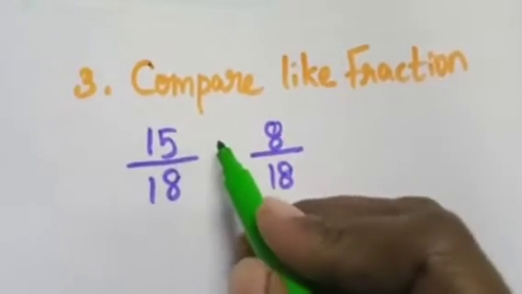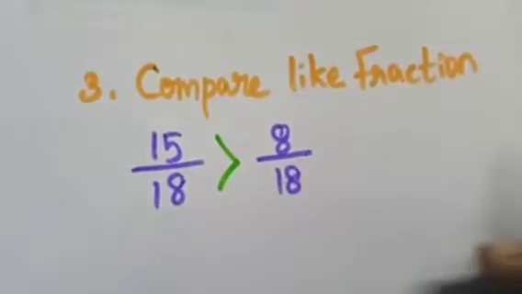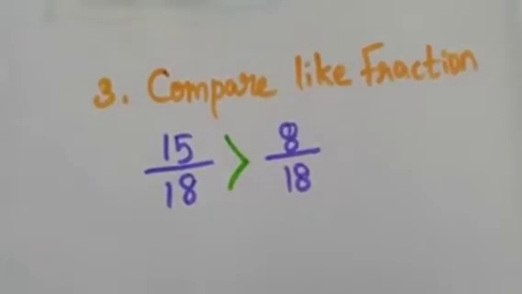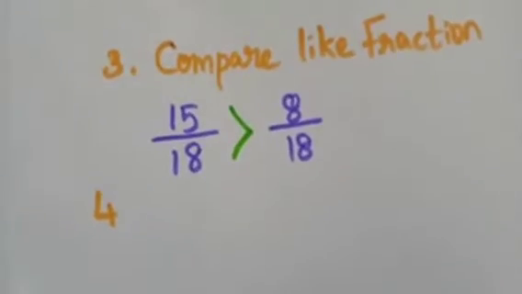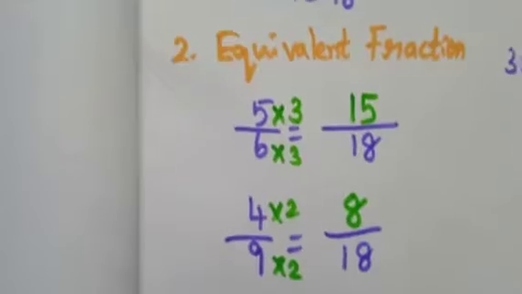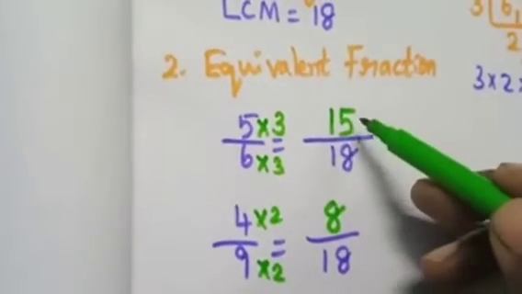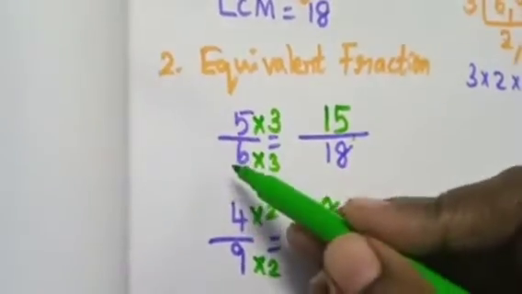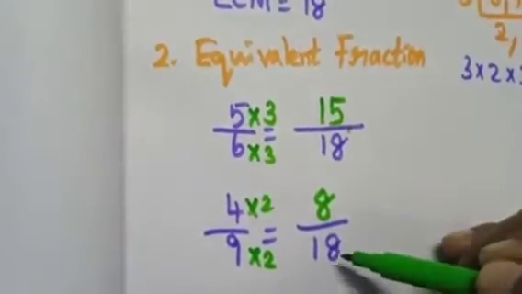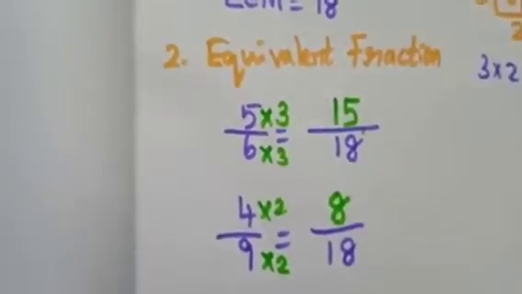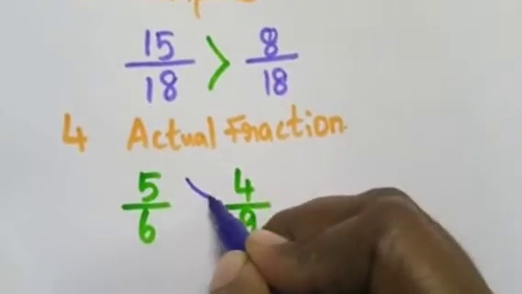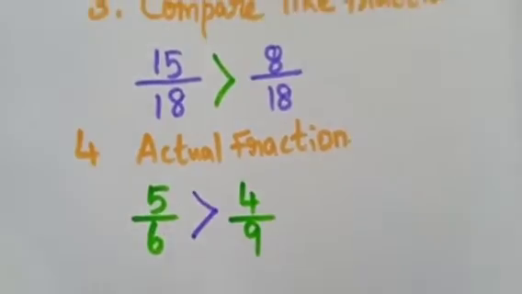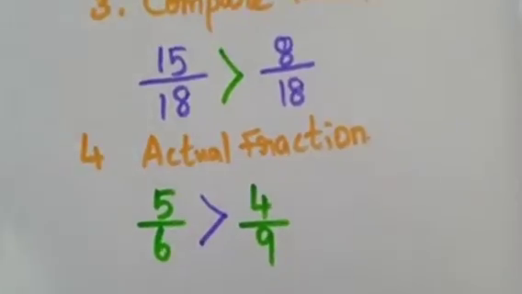So 15 is greater. Then the last step, we have to write the actual fraction. Actual fraction means 15 by 18 is 5 by 6 and 8 by 18 is 4 by 9. That we have to write. Now we have to put the symbol. So which is greater? 5 by 6 is greater.